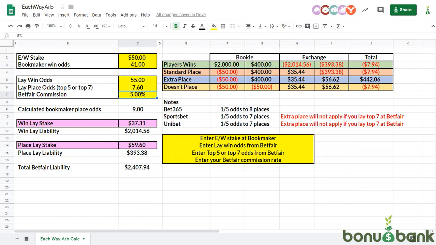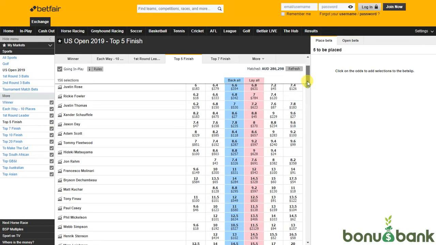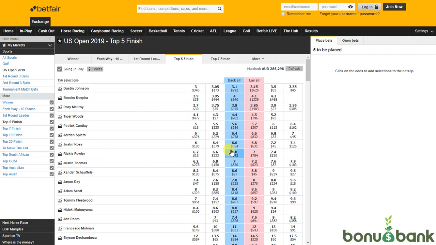As I said, as we get closer to the start of the event, we should see some movement in these odds. So at this time of day, when we're still a bit away from the start, these odds are pretty stagnant, which means that the bookies have priced in their margins, and there's not going to be huge opportunities.